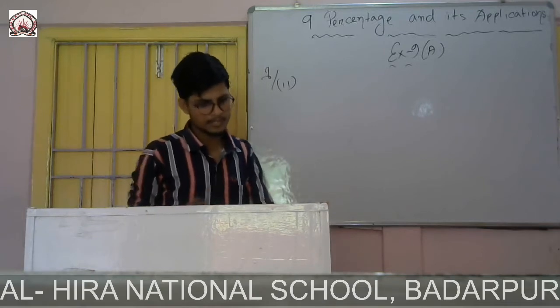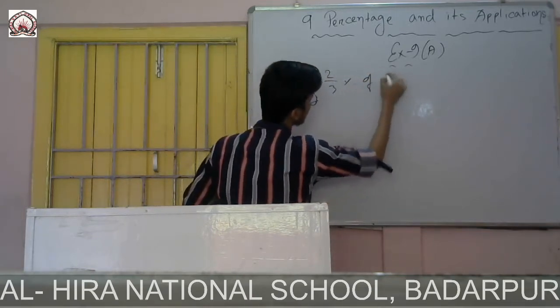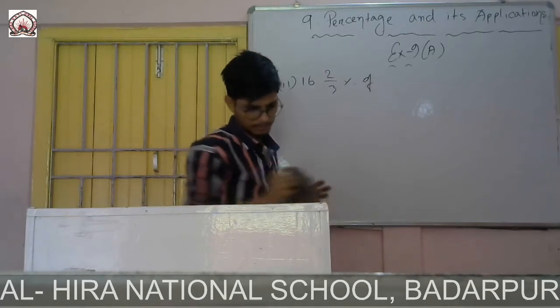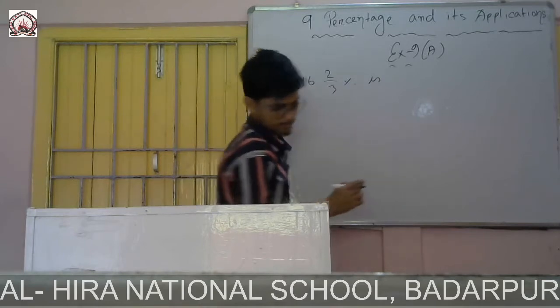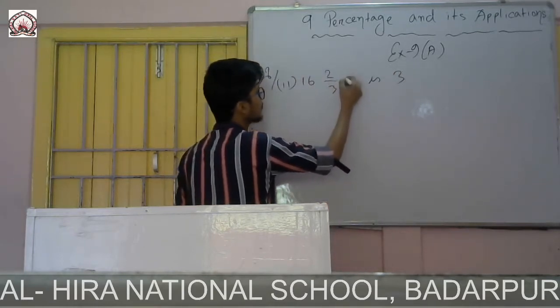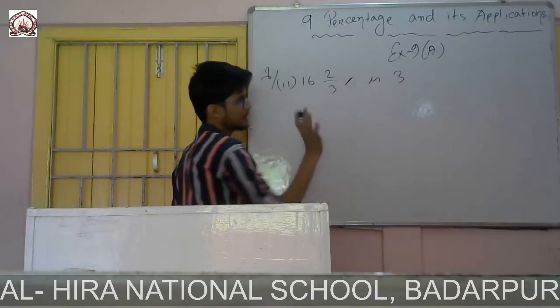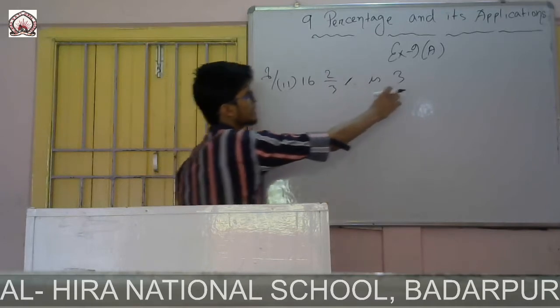So you see carefully, this one is a little different. The question is 16 2 by 3% of a number is 3. So the question is given that if I find the percentage of any number, let it be x, 16 2 by 3% of it, then the answer will come 3.